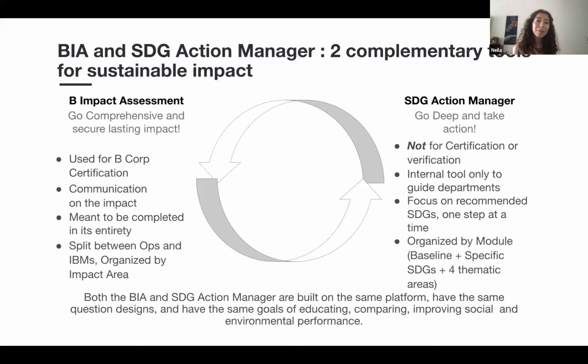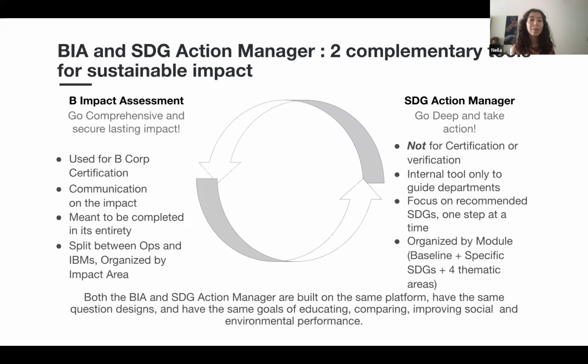And the data in the BIA is verified if you wish to get certified, and the SDG Action Manager is not verified. And in the BIA, you're really taking into consideration the governance as the center of all the actions and the different stakeholders, as compared to the SDG Action Manager, where you take an SDG framework as a guideline.